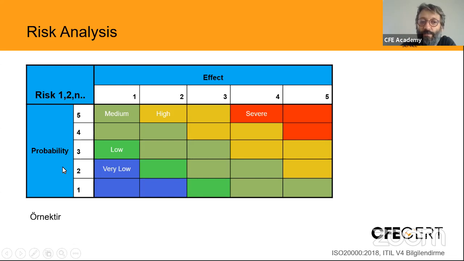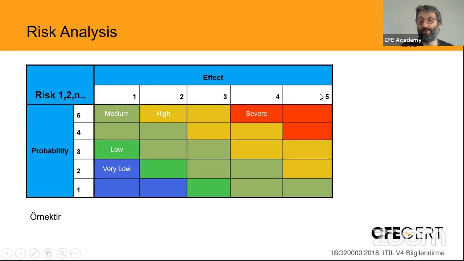What does 1 mean in probability? Let's say it can happen once in every 5 years, 2 means it can happen in every 2 years, and 5 means it can happen on a daily basis. And the effect means, when the risk happens, if the effect is losing 1% of your customers, then the effect is going to be 1.